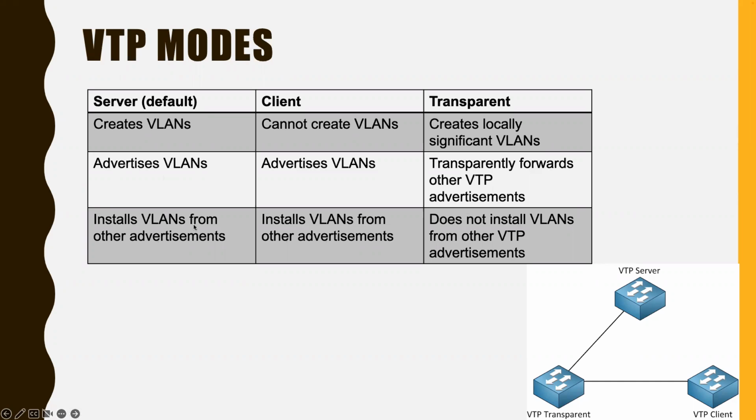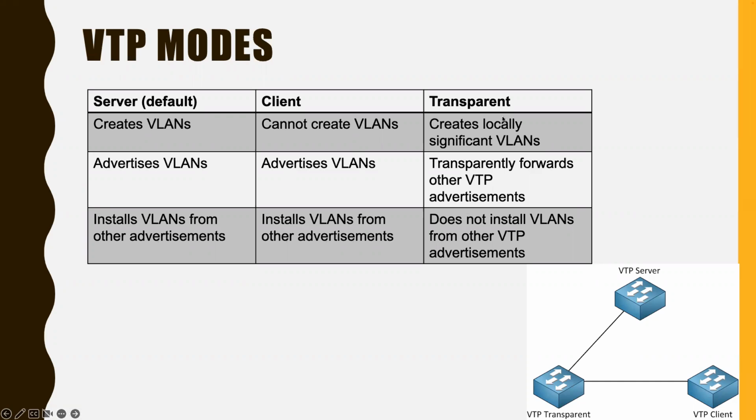We can install VLANs from other advertisements also; on a server we may get advertisements from another server, as there may be more than one VTP server in our network. On clients, we cannot create VLANs. If a client gets any advertisement, it will pass it on to others and install the VLANs from it.